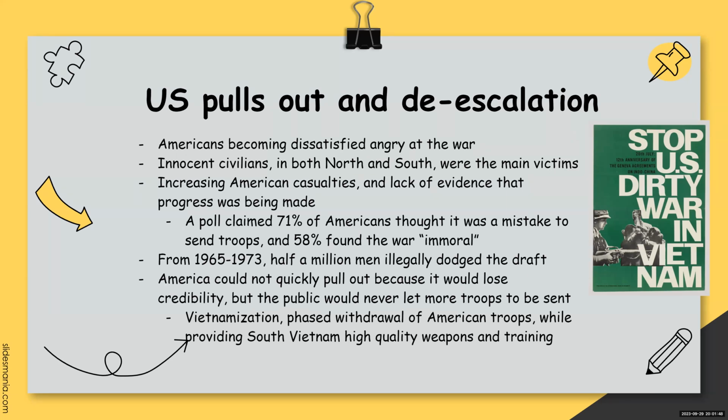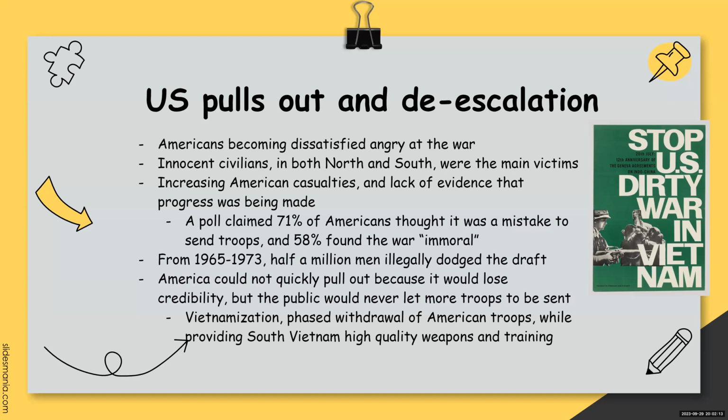A poll claimed that 71% of Americans thought that it was a mistake to send troops, and 58% found the war immoral. From 1965 to 1973, 500,000 men dodged the draft, just showing how they didn't want the war to continue.